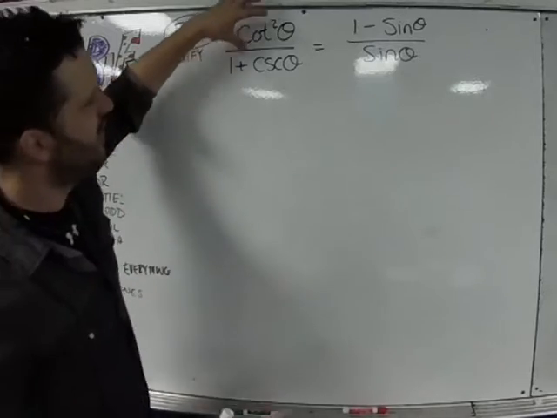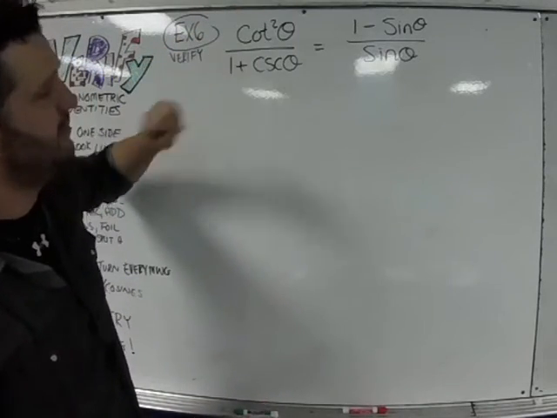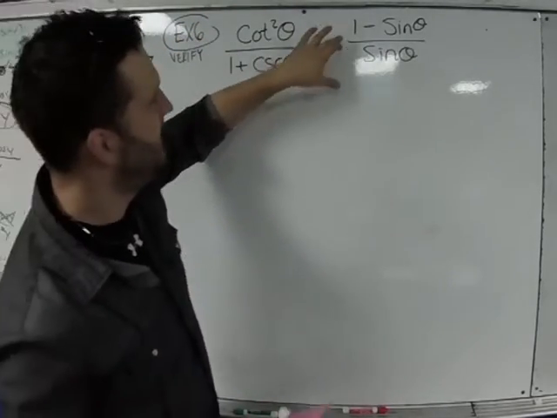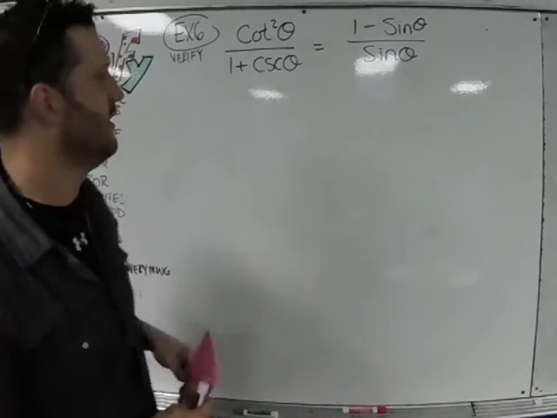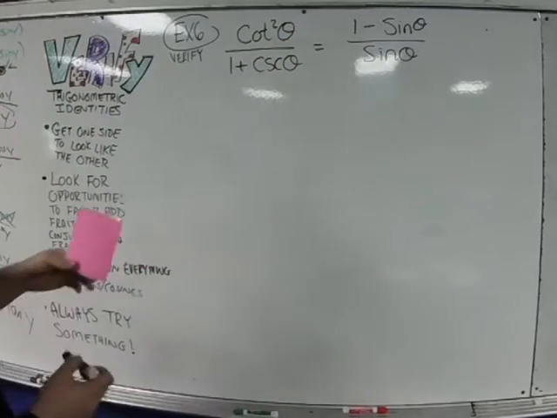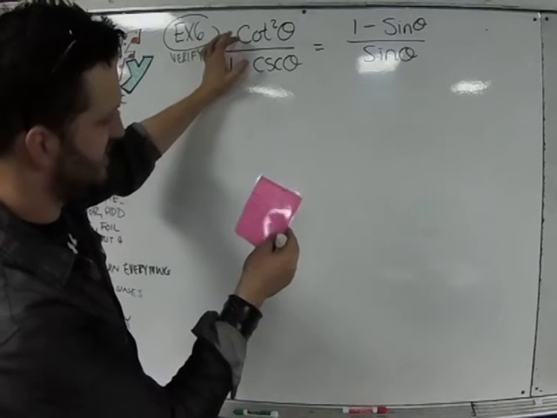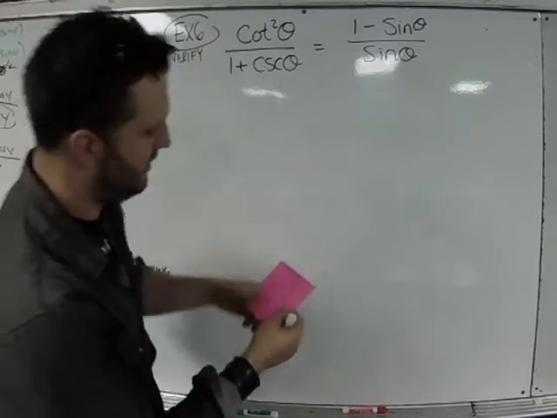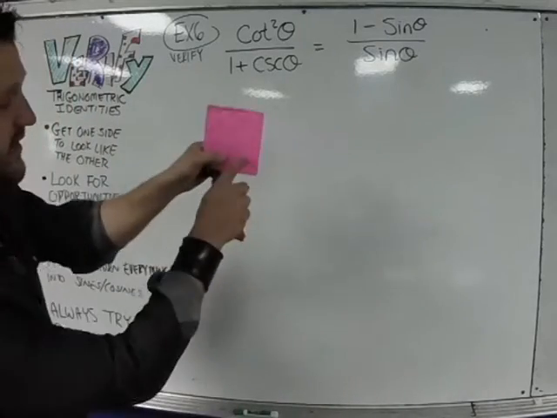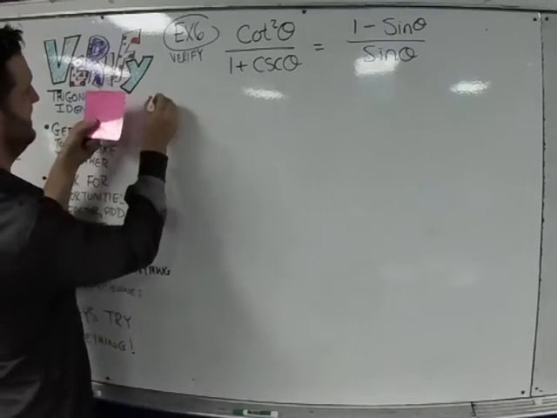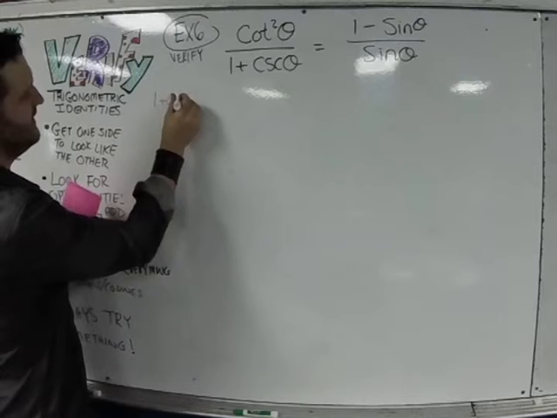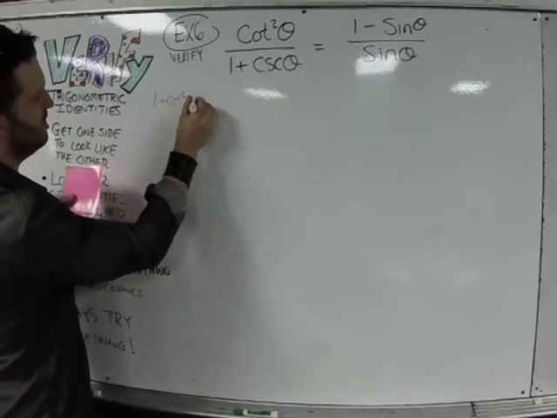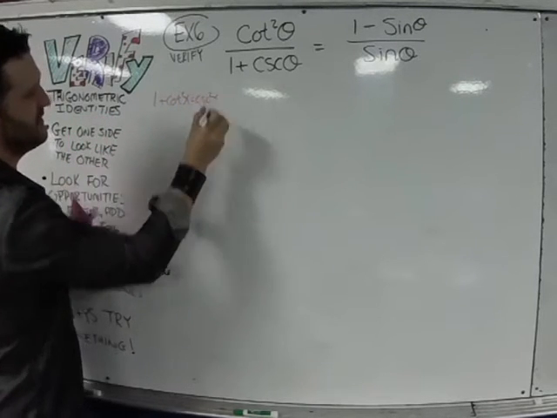Okay, so you have cotangent squared theta over 1 plus cosecant theta, and then you have 1 minus sine theta over sine theta. The first thing I see is the cotangent squared theta. I'm going to use my identities. The third Pythagorean identity says 1 plus cotangent squared x equals CSC squared x.